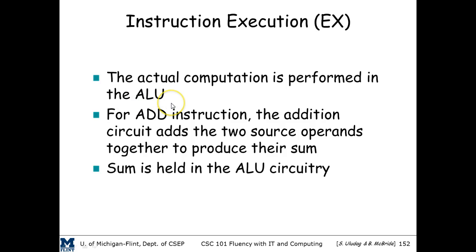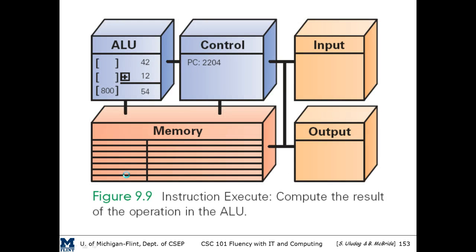So the last part of this then is to take the sum, where the result of the math is held, and to copy that. And notice we've incremented the program counter already to look at the next instruction in RAM memory.